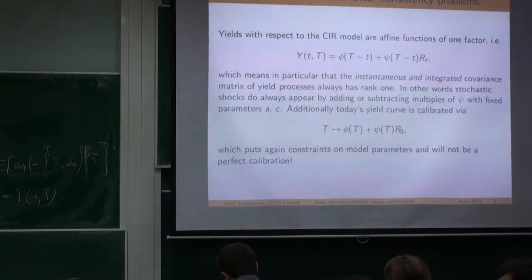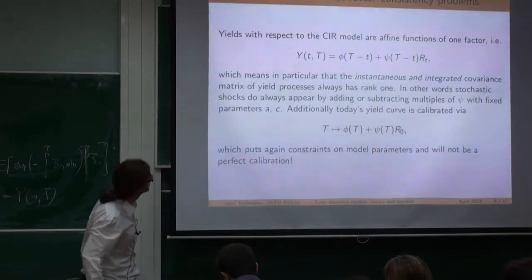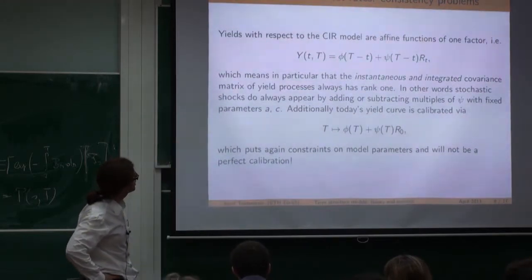What do you see here? The phi and psi, I made a little error here, but it is not so important. I should have divided, or should have multiplied at the left-hand side by capital T minus little t.